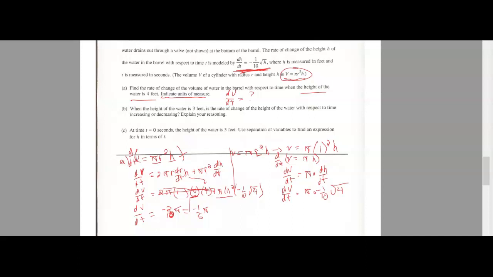All right. Okay, part B. It says when the height of the water is 3 feet. I'm going to squeeze this in here. So when the height of the water is 3, is the rate of change of the height of the water increasing or decreasing?